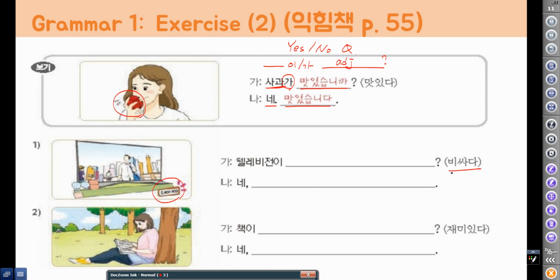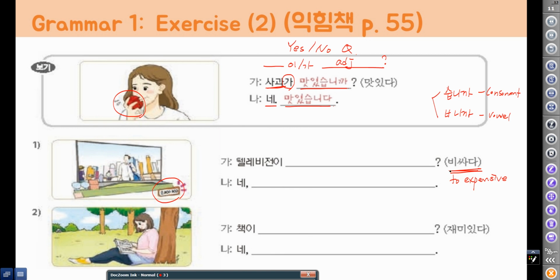So we gotta use the word 비싸다, expensive. So 텔레비전이 비싸다. Question. 씁니까 or 비읍니까? The stem ends in vowel.